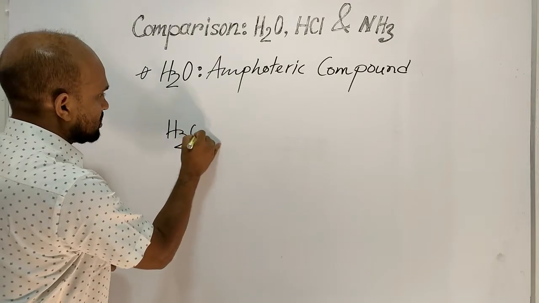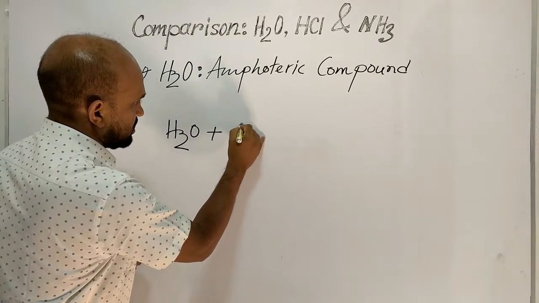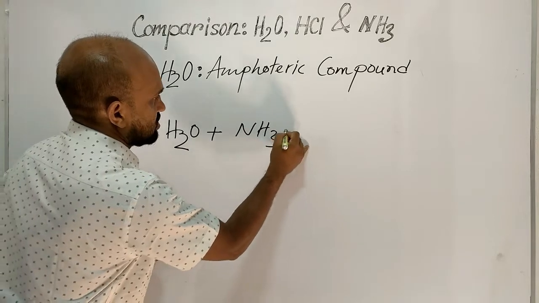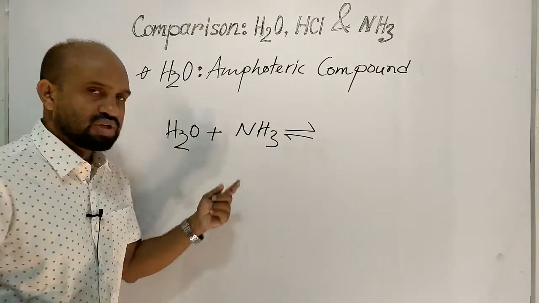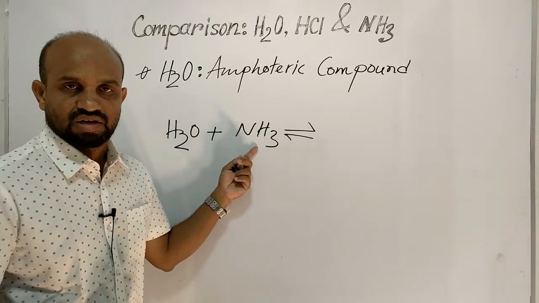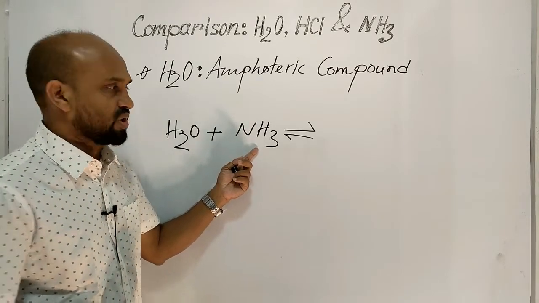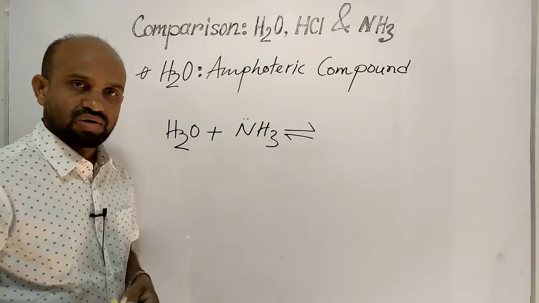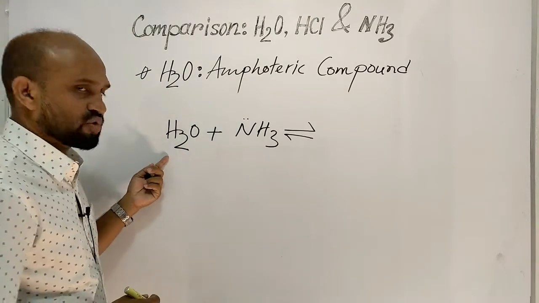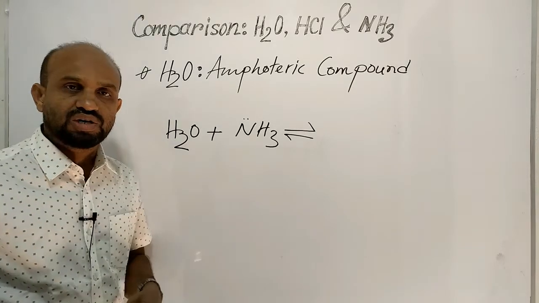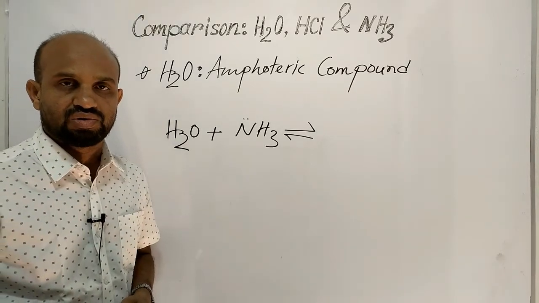When water is added to ammonia, then we already learned that ammonia is a kind of basic compound, so it will receive proton produced from water. That means water is a kind of acidic compound here.